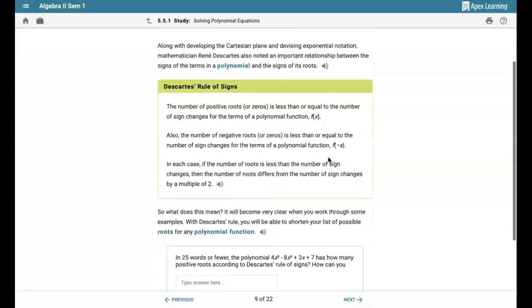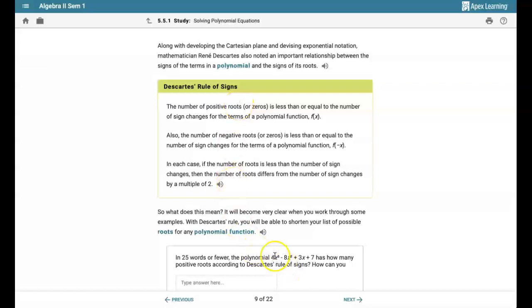I know this is kind of confusing, so let's look at this example. The number of positive roots is less than or equal to the number of sign changes for the terms of the polynomial function. Here I have a positive 4x cubed and a negative 8x squared. This goes from positive to negative, so that's a sign change. Descartes is saying to count the number of sign changes in the normal function, and this tells you how many positive real roots you can have.